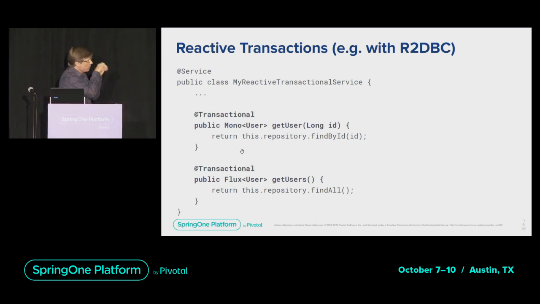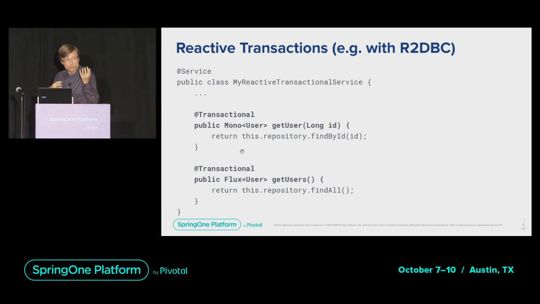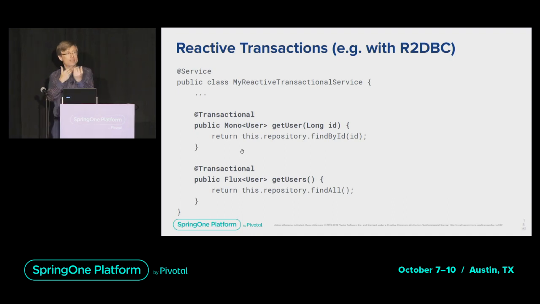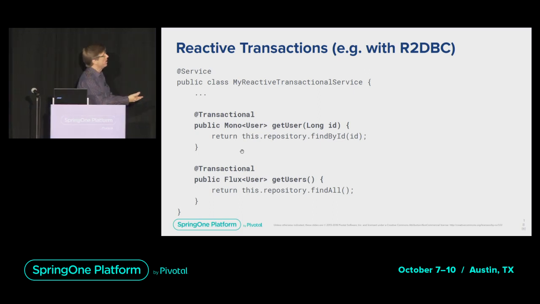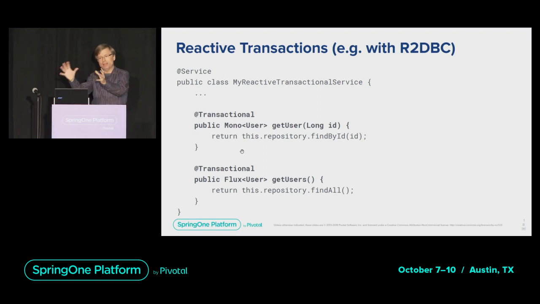So any downstream call, like the repository dispatch to here, may then see a transaction context and may interact with that transaction context. It needs corresponding data access code underneath the covers that is willing and able to participate in such a transaction. And then when the pipeline basically finishes its execution, at the very end, we're going to complete the transaction.